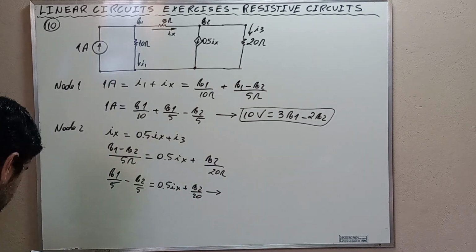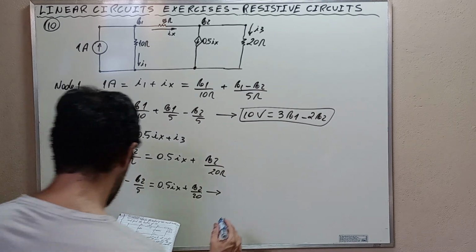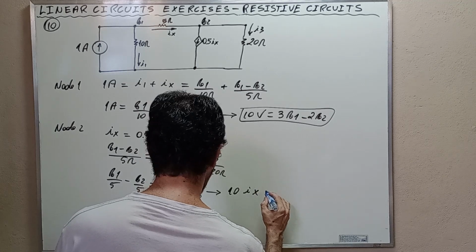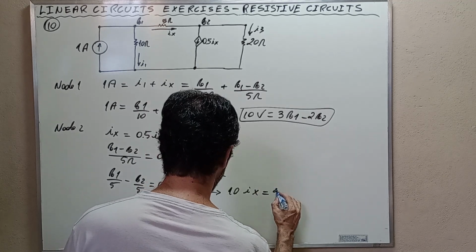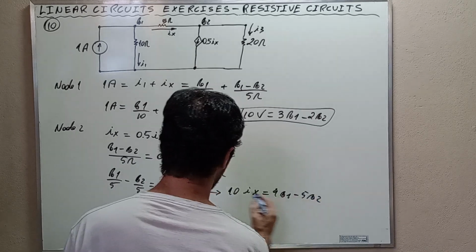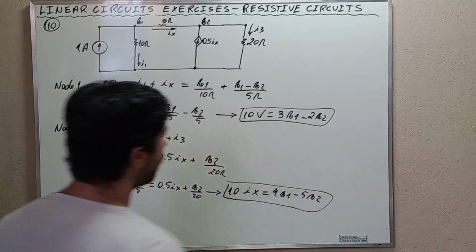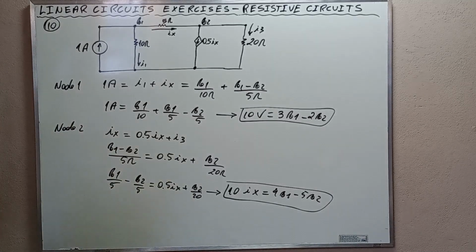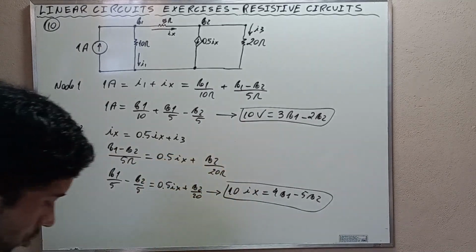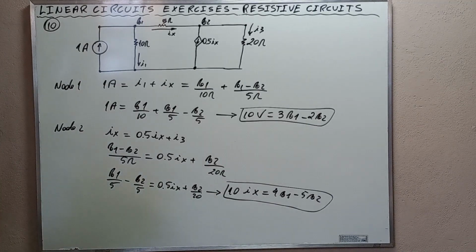Okay, and after manipulating, we find that 10 Ix is going to be equal to 4 V1 minus 5 V2. Okay, these are the two equations that we are working with. We are going to use these two equations here to solve this exercise.